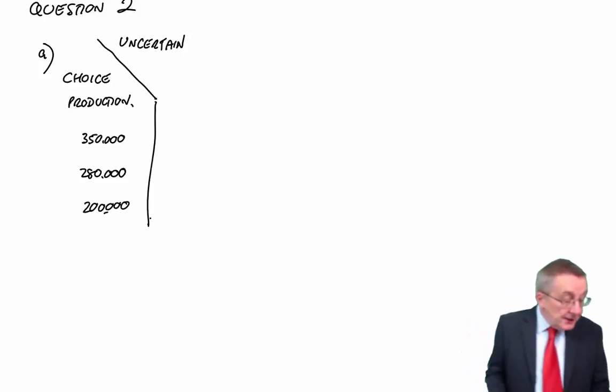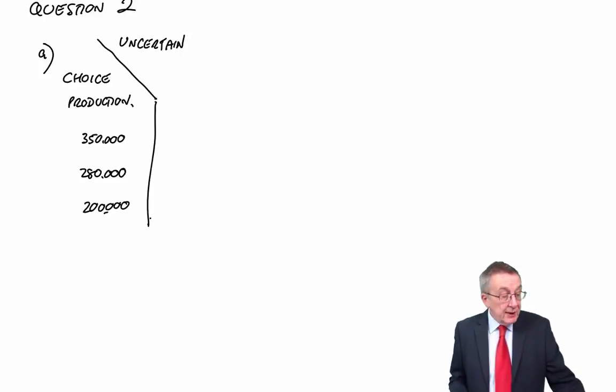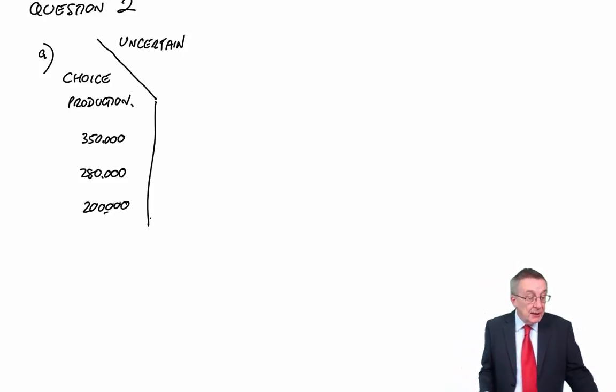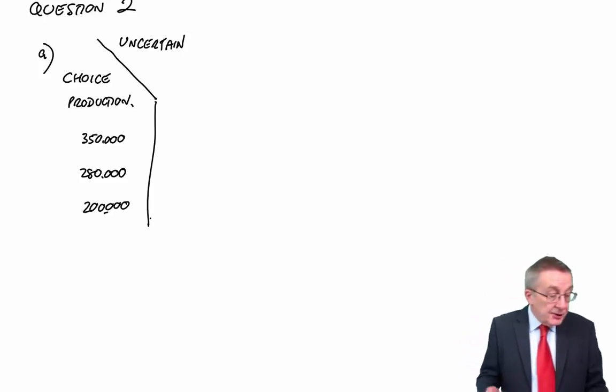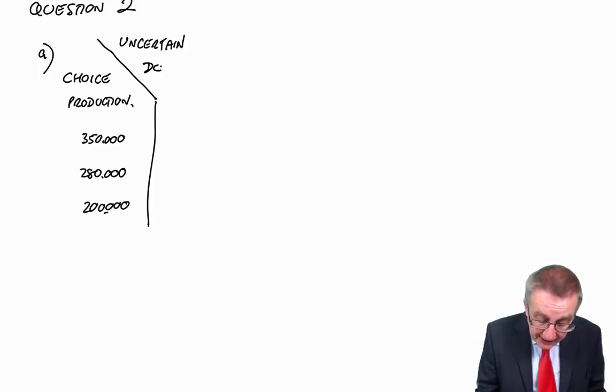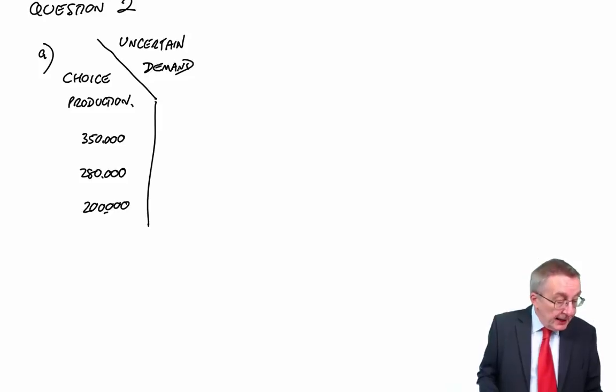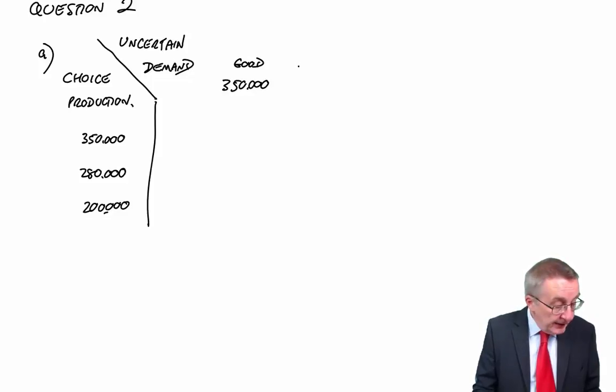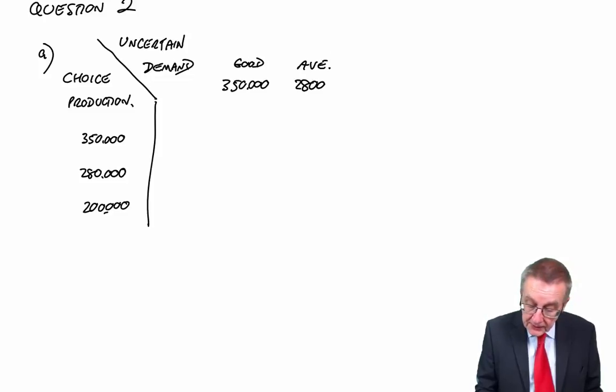What is it that's uncertain? Well, the uncertain one is the one that we're given probabilities for always. And here, it's the weather and therefore the demand that's uncertain. If there's good weather, the demand will be 350,000 bags. If it's average weather, it'll be 280,000.